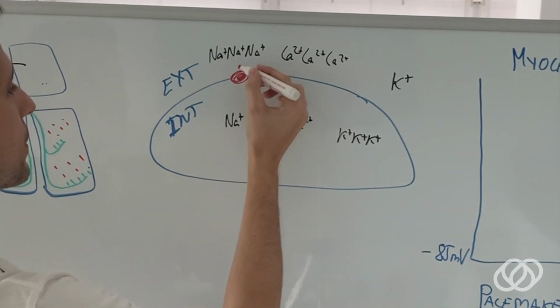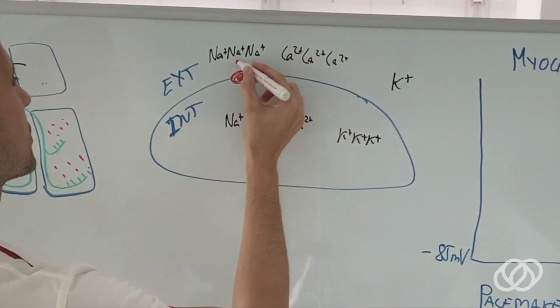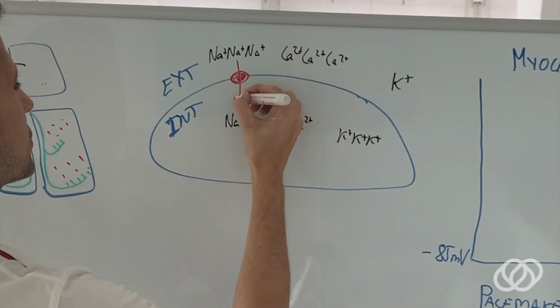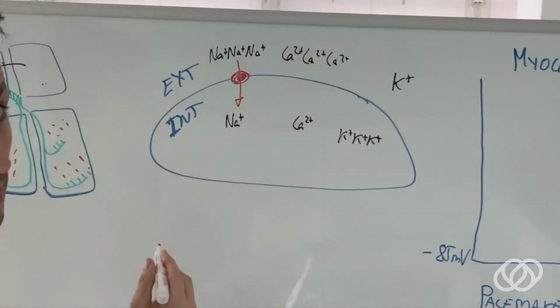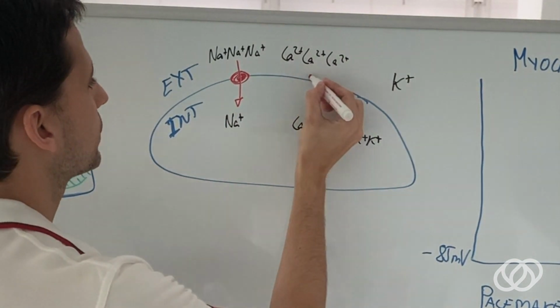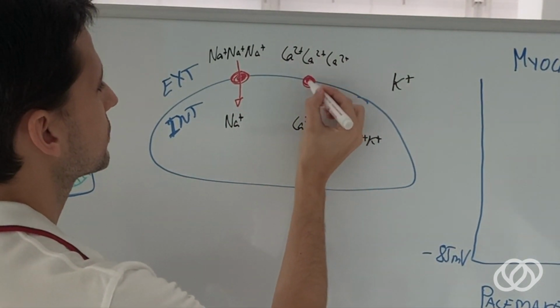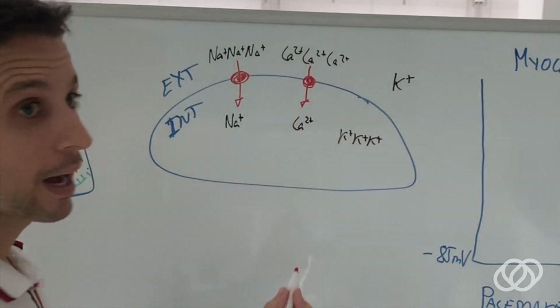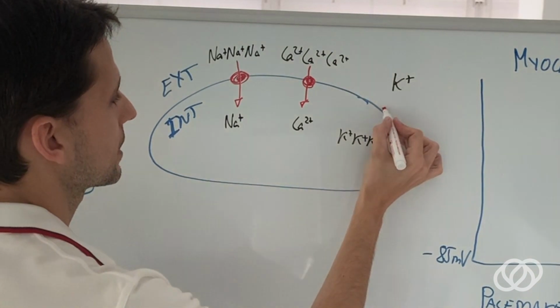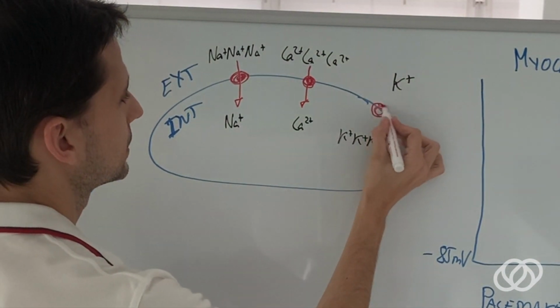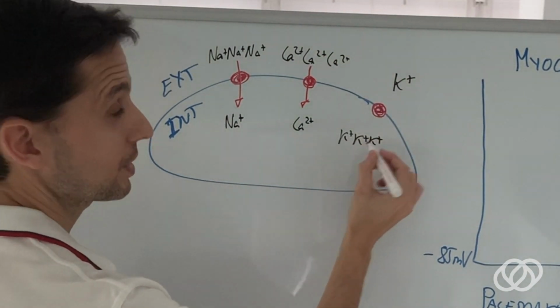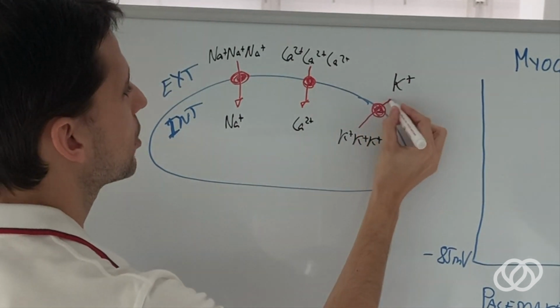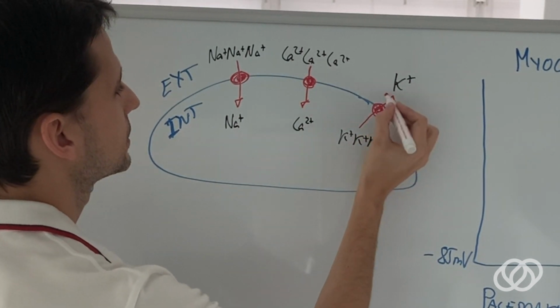So if we open, for example, a channel of sodium, the sodium will enter inside the cell. If we open a channel of calcium, the calcium will enter in the cell. But if we open a channel of potassium, because there is more potassium inside, the potassium will go out of the cell.